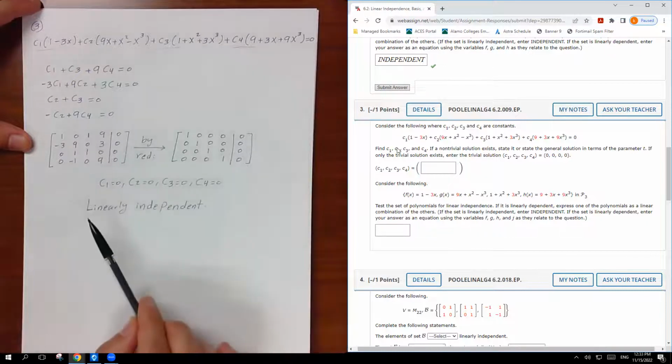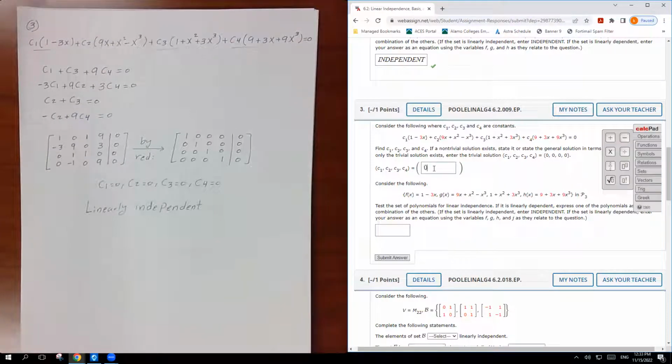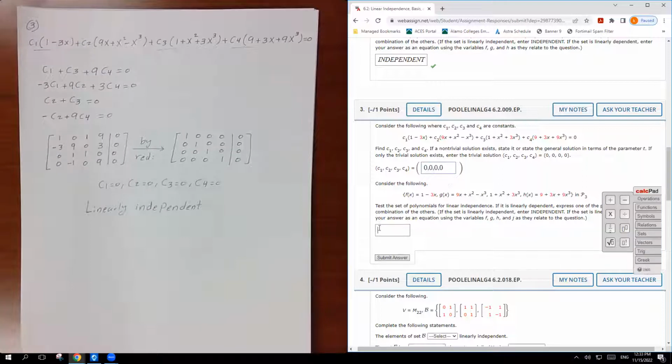That means this is linearly independent. So the same thing now with example 3, we got all the scalars zeros, and this one is independent.